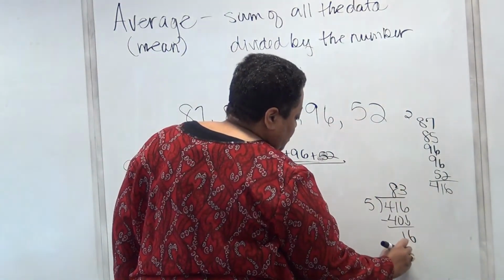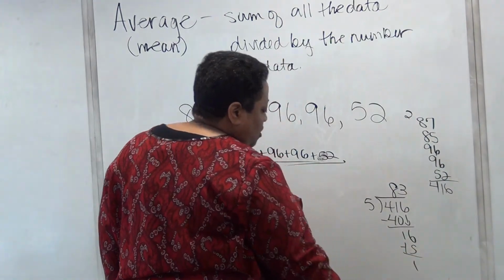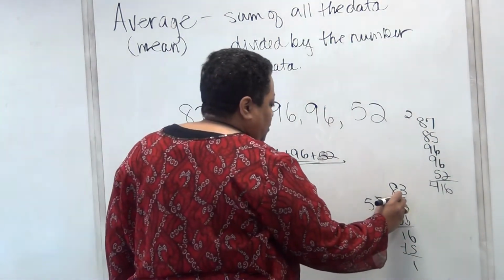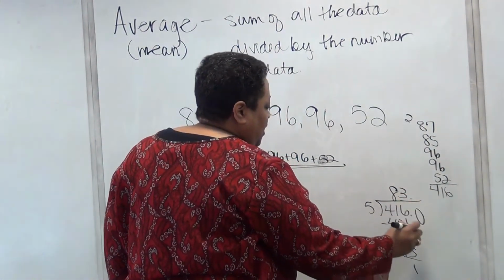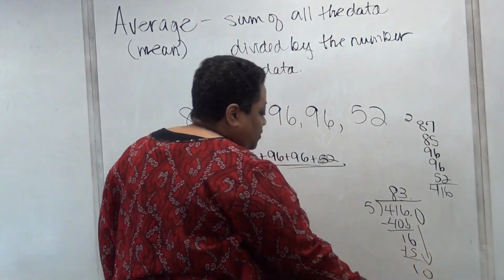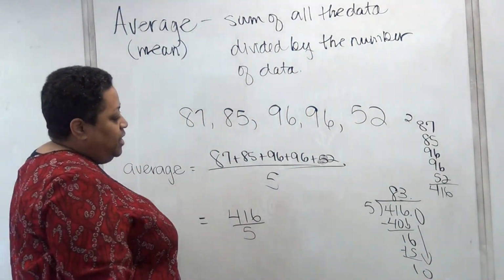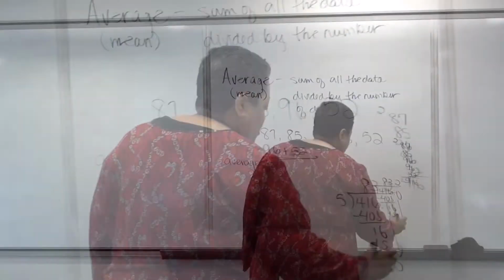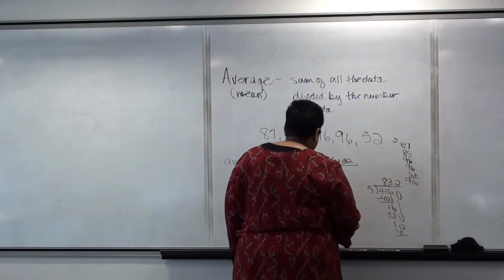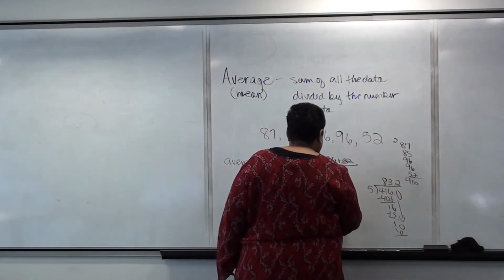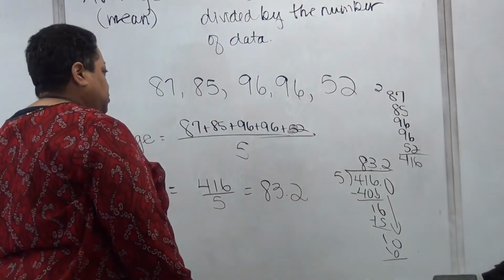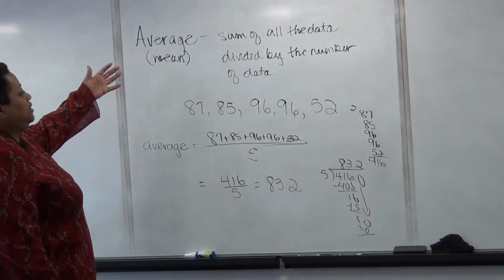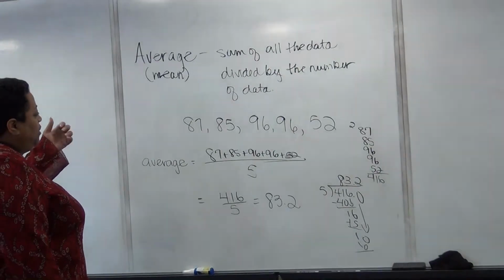You got it. Okay, subtract. Oh, we had this one left over. But what did we just learn in chapter 3? We can add that 0. So 5 goes into 10 2 times. So there it is. The average is 83.2. Sum of the data divided by all of the data.